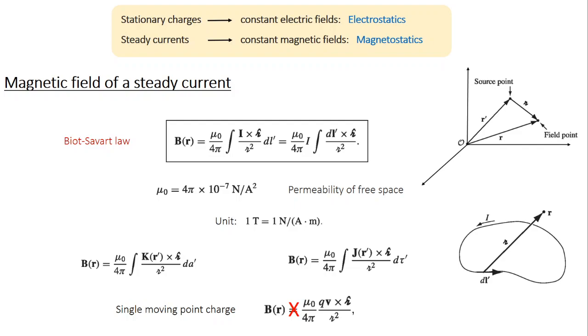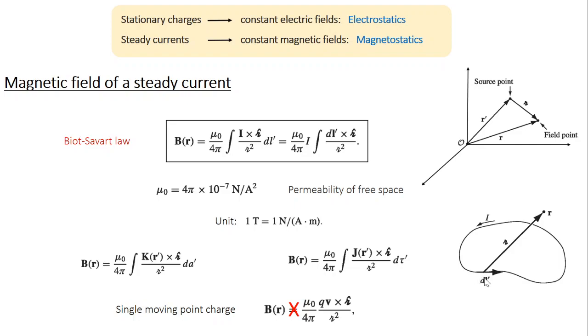Remember, probably you had already learned this in electrostatics. In electromagnetism, we have three types of position vectors. Imagine I have a coordinate system with respect to which I am measuring the position of different points. The source point, its position vector I call r prime. Everything associated with the source will have a prime notation.